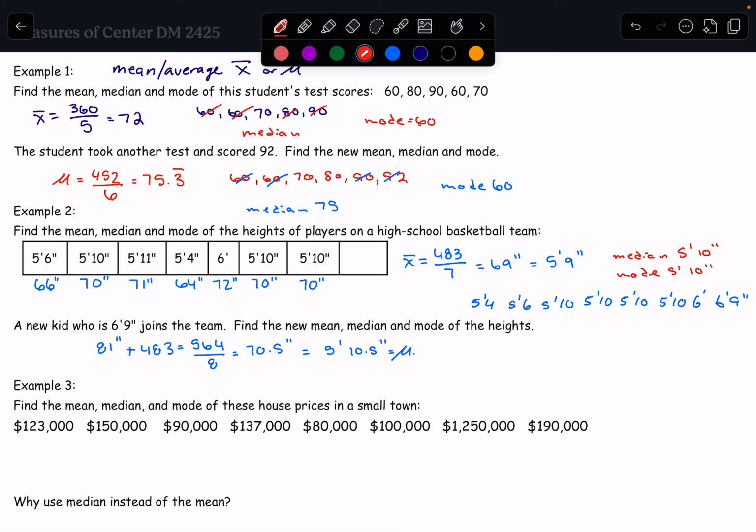So my median might change, it might not, I'm not sure. 5'10", 5'10", the number that's in the middle of those is still 5'10". So median is still 5 feet 10 inches, and the mode is still 5 feet 10 inches. So even though I added a new player, my median didn't change and my mode didn't change, but my average went up 1.5 inches, okay?